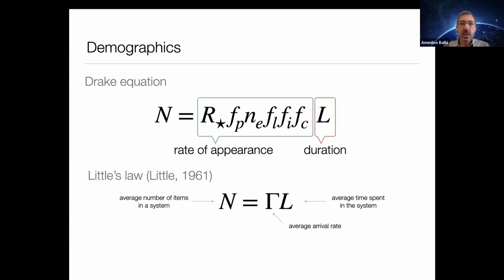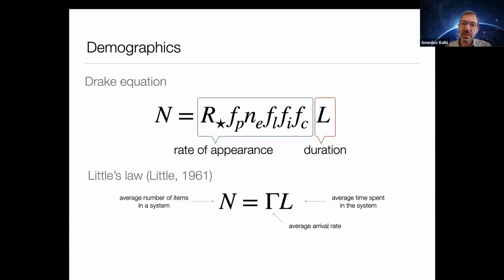Another thing which is very famous to anyone here is that we can model the number of active technosignatures using the Drake equation. But I think it's interesting to look at the Drake equation in a slightly different way than is usually presented.